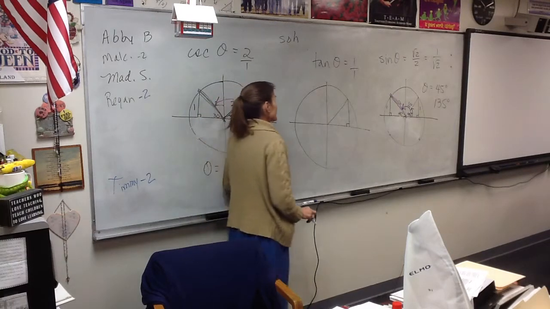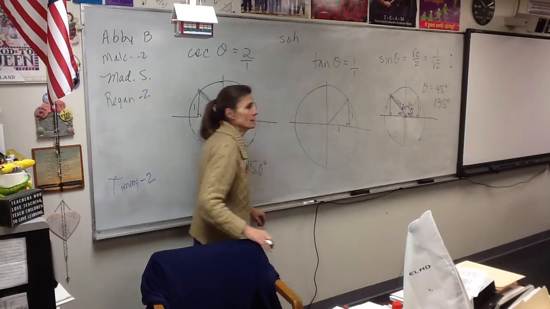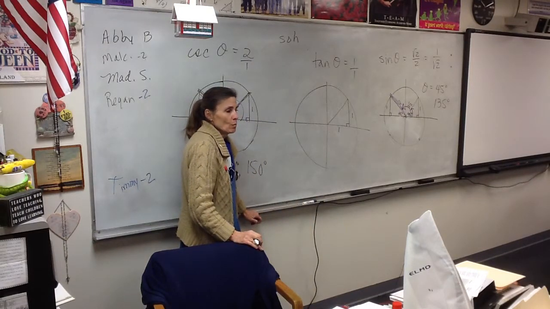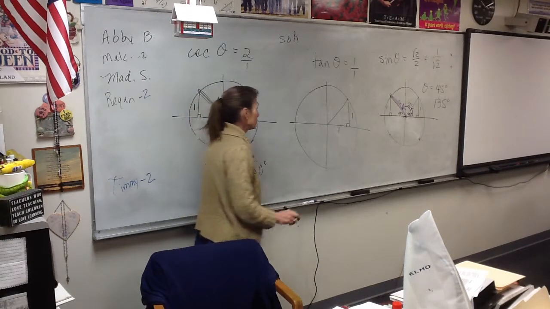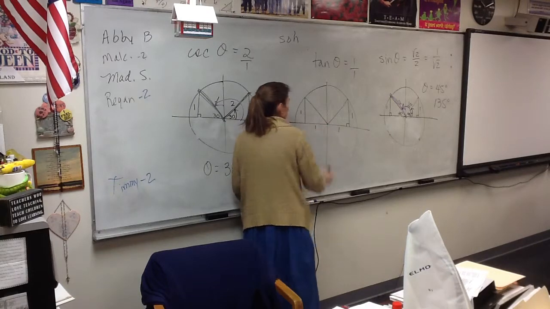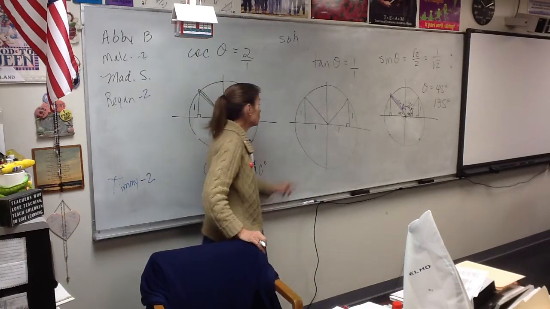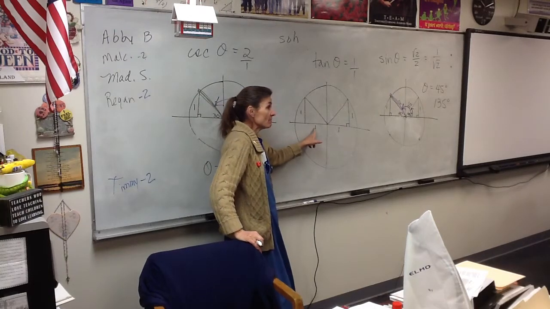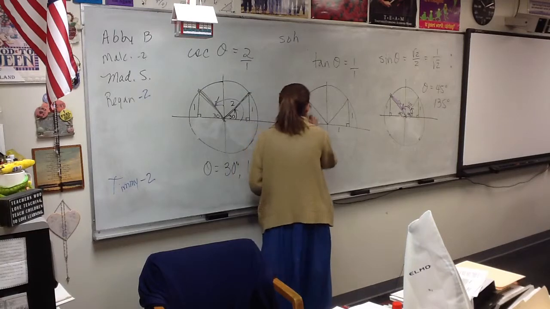And I'm going to ask myself, can opposite over adjacent be 1 over 1? Would that be acceptable in quadrant 1? Yep. How about in quadrant 2? Would it be acceptable to have that? No, because in quadrant 2, wouldn't this one have to be negative? Yeah. Okay, and it's not, so that doesn't work, so we get rid of that one.